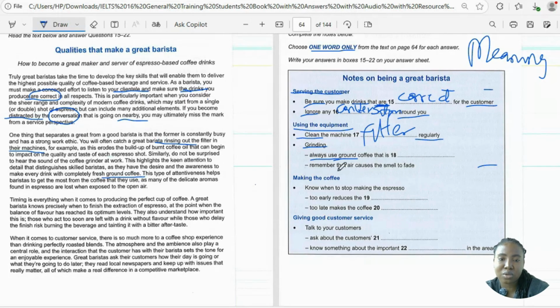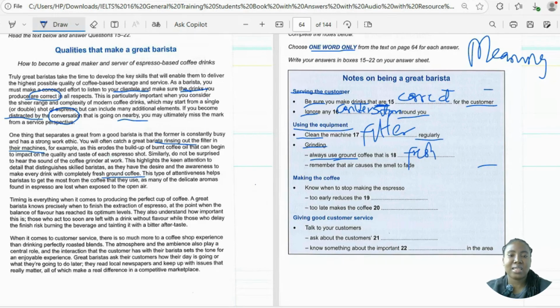Okay, so that's not it, because the next sentence here says open air. And so we're focusing on ground coffee. And it says that they have the desire and awareness to make every drink with completely fresh ground coffee. So the word for 18 is fresh.